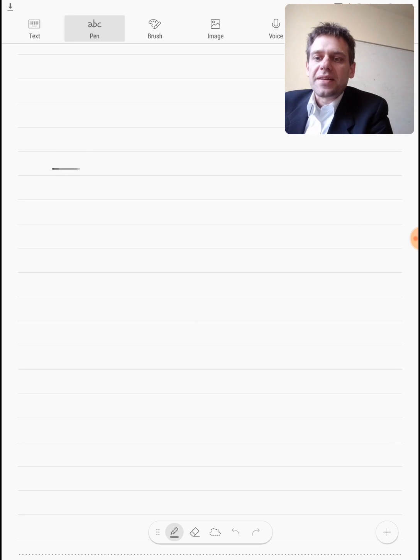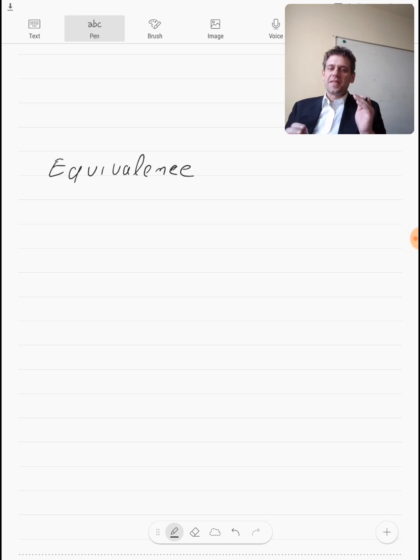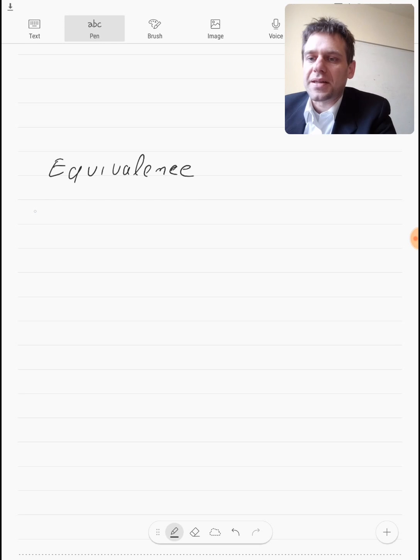Namely, we are going to see that there is an equivalence of categories. On the one side we have the category of affine varieties, and on the other side we have the category of finitely generated reduced k-algebras. So let's write this down.